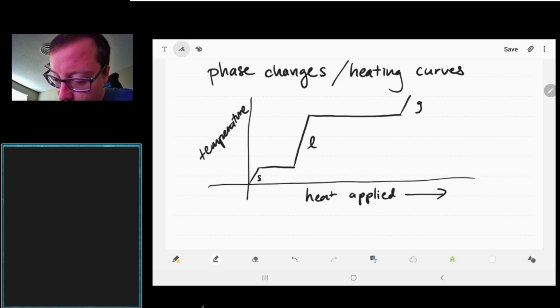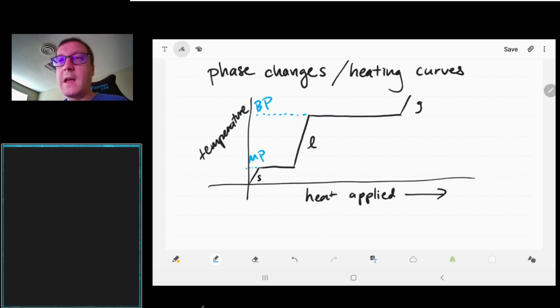And we saw maybe that we have 2 points on this that are of interest. We have here the boiling point and the melting point on this graph, which correspond with the temperatures at which the solid will melt or the liquid will vaporize.